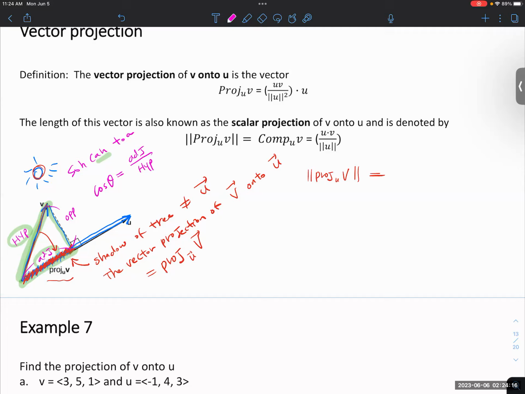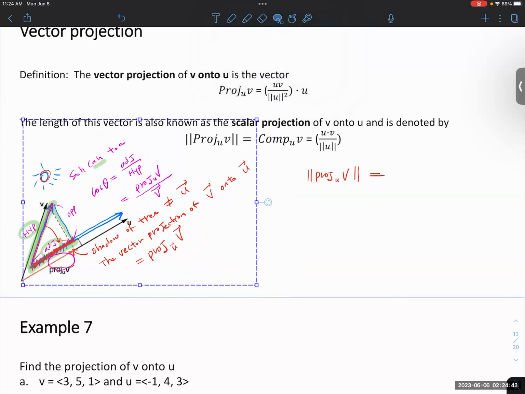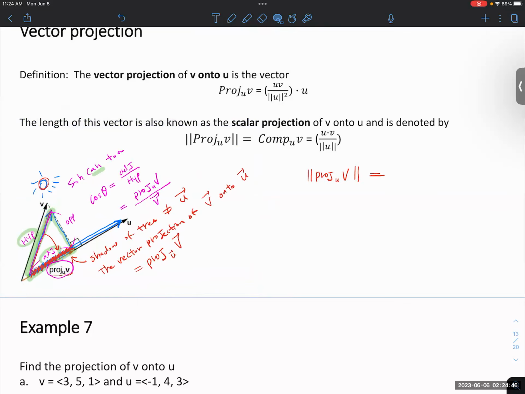So you found out this information. Let me write it. Cosine theta is adjacent over hypotenuse. The adjacent, we know, is the projection of v onto u, over the hypotenuse. Exactly, this is the v vector. Let me minimize a little bit, I don't want to make it too confusing. I'm going to bring this equation here. Cosine theta is adjacent over hypotenuse.